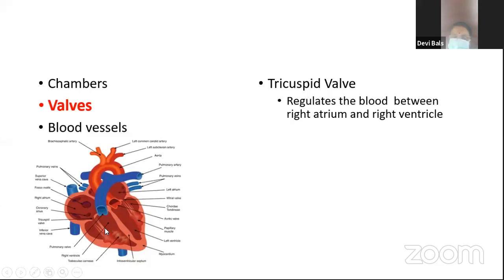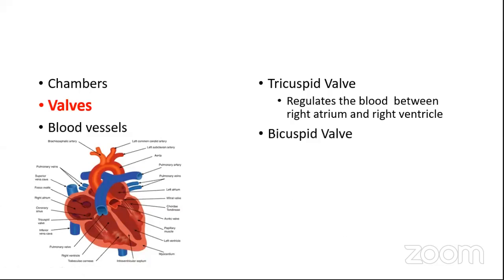So another valve you can find here. This is the left side, left atrium and left ventricle. In this valve here, sometimes it is termed the mitral valve. But most of the time they call it bicuspid. Bi means two cusps.